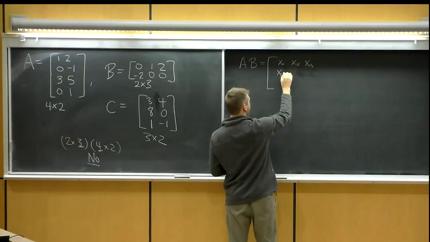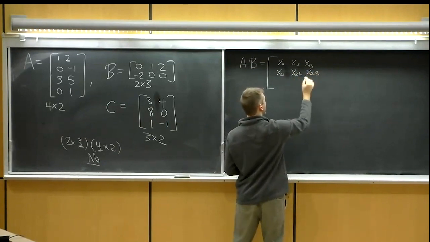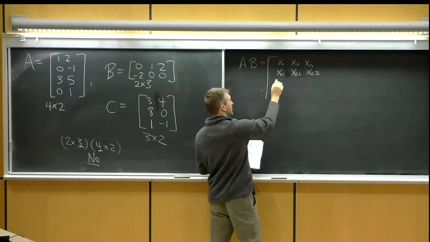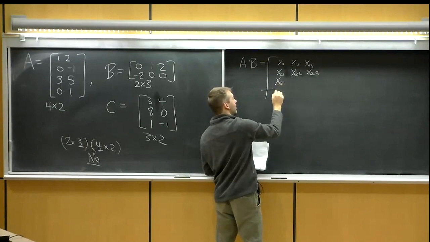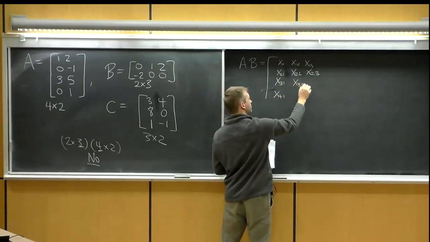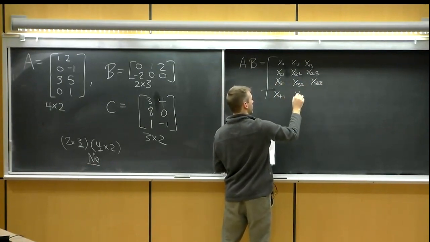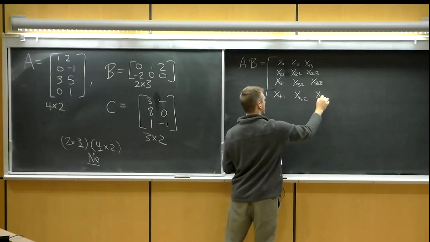You don't necessarily need to write all of this when you do this, but this is just for explaining how you get each entry. So x42, x43.